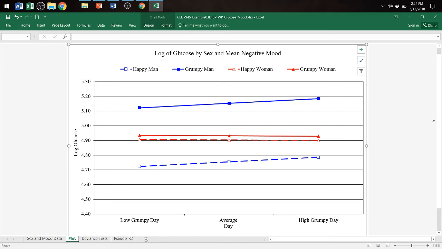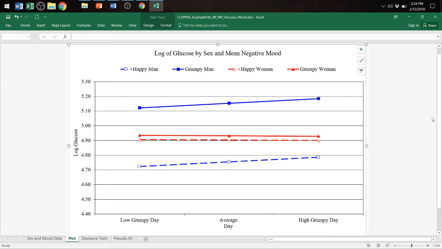It's the term that differentiates happy from grumpy, as a trait. That's the between-person effect, the person mean.